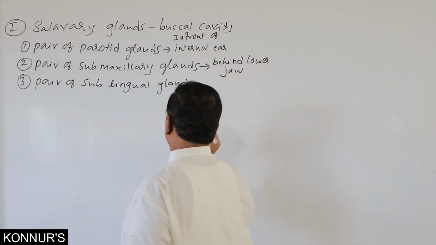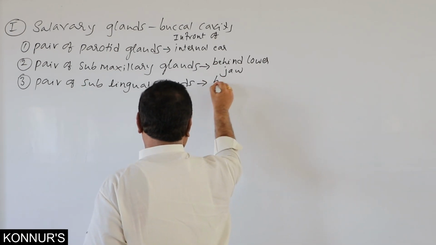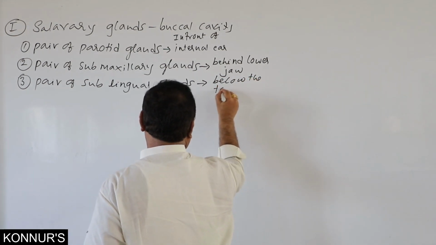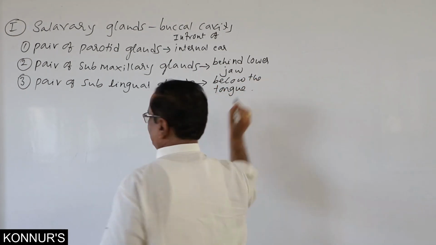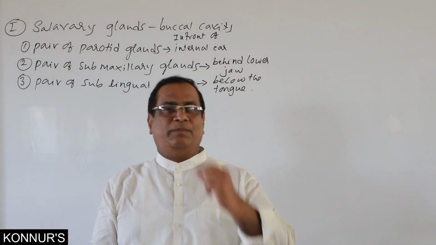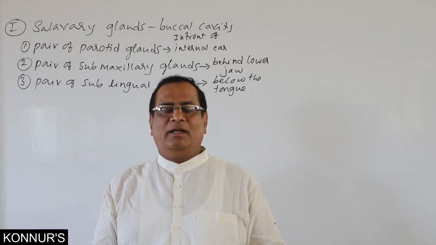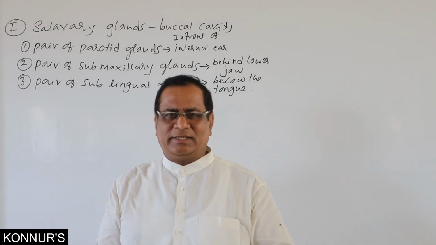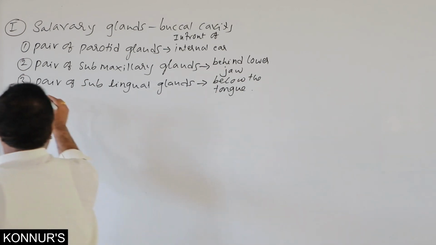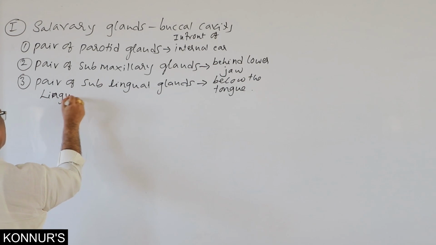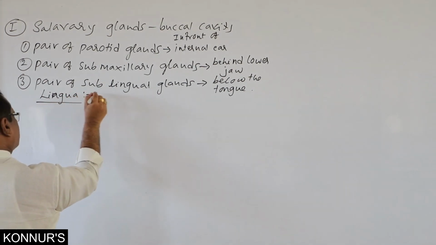And the pair of sublingual glands are present below the tongue. Sublingual glands are present below the tongue. Remember, one more terminology as far as the tongue is concerned is lingua. Lingua means tongue.